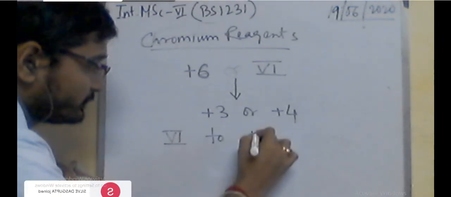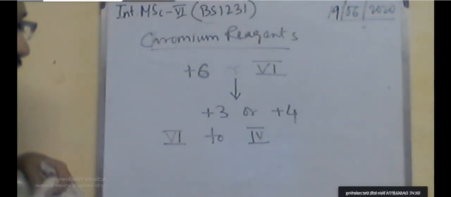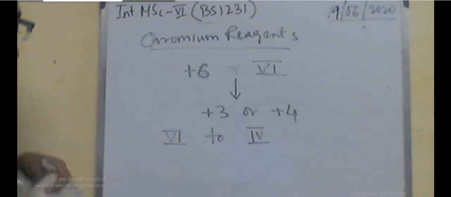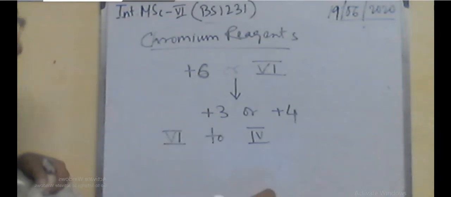But there are a few chromium reagents which have no control over their oxidizing power, especially chromium trioxide or K2Cr2O7, potassium dichromate in concentrated sulfuric acid.